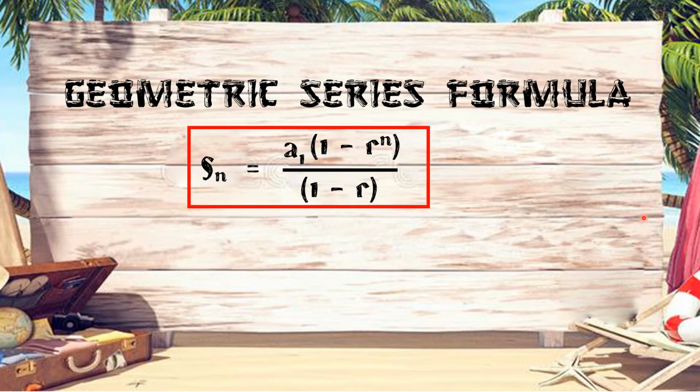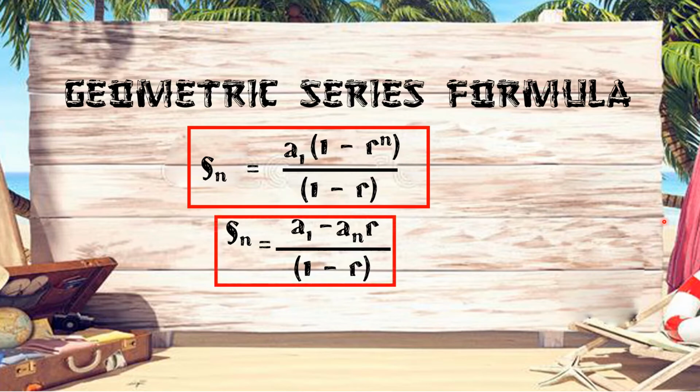Ito yung una nating dinerive na formula. At yung pangalawa naman is S sub n equals a sub 1 minus a sub n times r all over 1 minus r. Ulitin ko. S sub n is equal to a sub 1 minus a sub n times r all over 1 minus r. So, bakit dalawa?